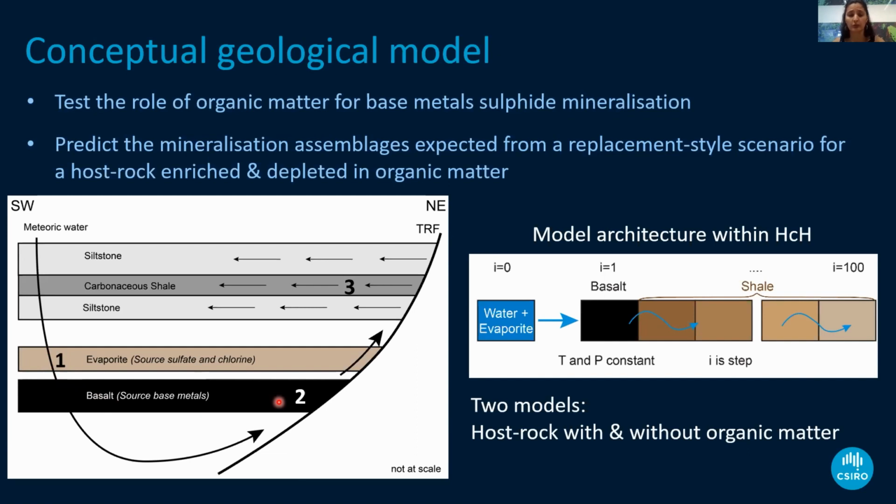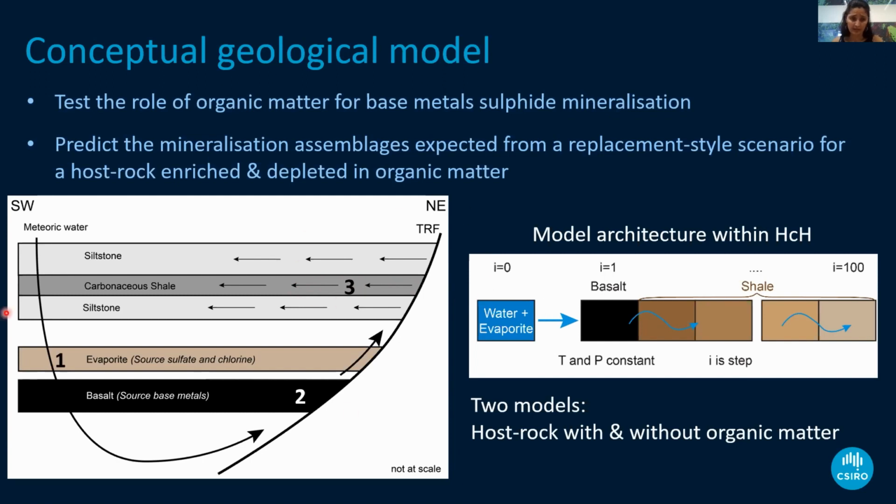We then have a metalliferous brine that is rising through the Termite Range fault and then percolating through the carbonaceous shale, where the thermochemical sulfate reduction will trigger the precipitation of the base metal sulfide.